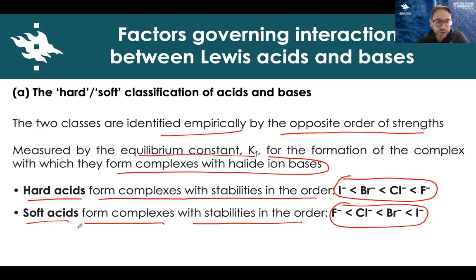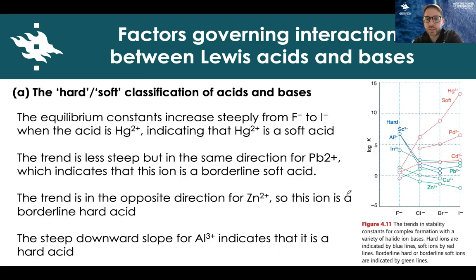So in other words, the soft acids bind more strongly to iodine and less strongly to fluorine, and the hard acids form more stable complexes with fluorine than with iodine. So it was based on the stability of the species with these different halides.